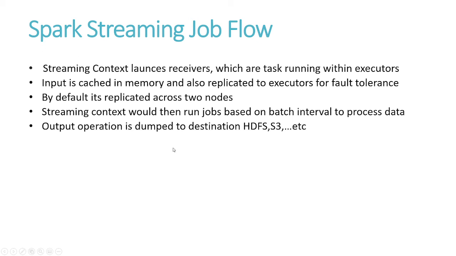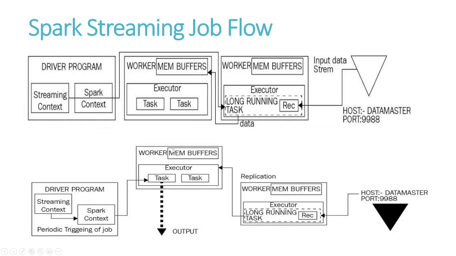This is the theoretical part I told you. Here we have a streaming context and a Spark context, and we consider these as the two worker nodes. You get the data, some Twitter records or file records or log records.